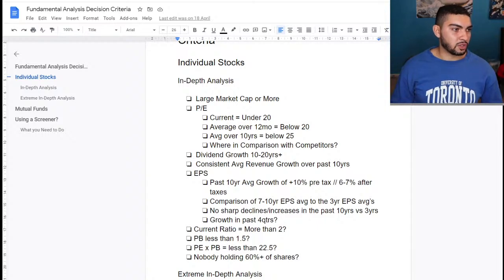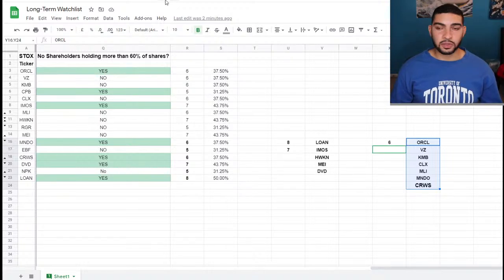So when I say large market cap, these are market capitalizations with $2 billion or more. So we're going to take all of those stocks that fit under the list of 6, and then we're going to see whether or not these qualify as large market caps or not.